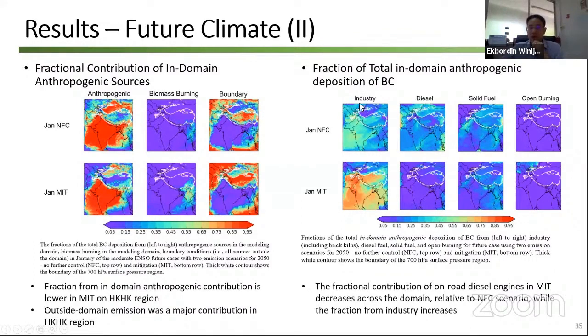If we focus on what type of source contributes most to the deposition of BC in this region, for no further control, the major emission sources are industry and solid fuel, like residential combustion. For the mitigation scenario, the contribution of industry is much higher than solid fuel, but solid fuel is the second highest contributor to BC deposition in this HKHK region.